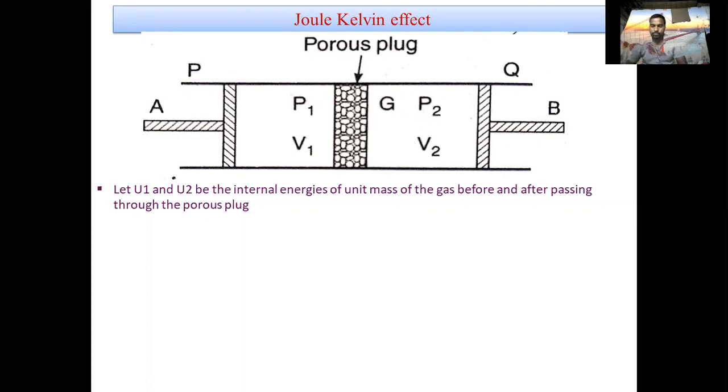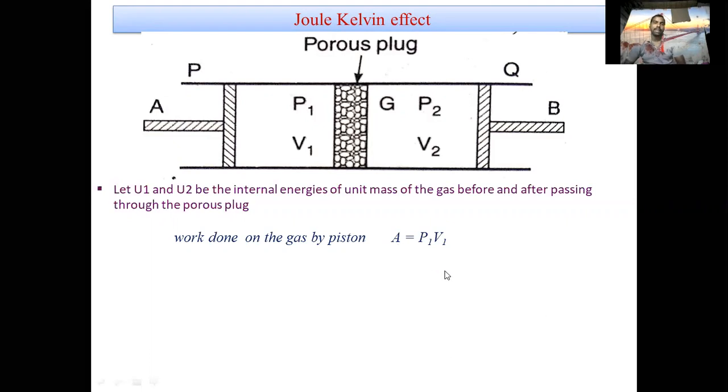Now the work done on the gas by piston A, that is A, is equal to P1 V1.